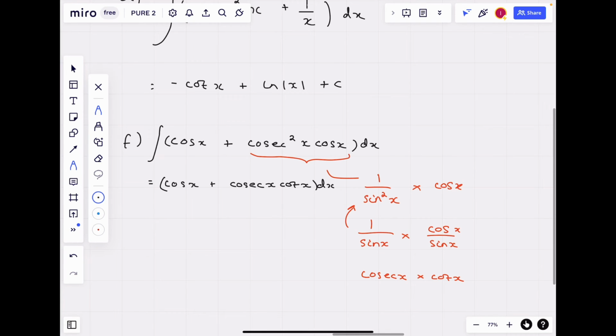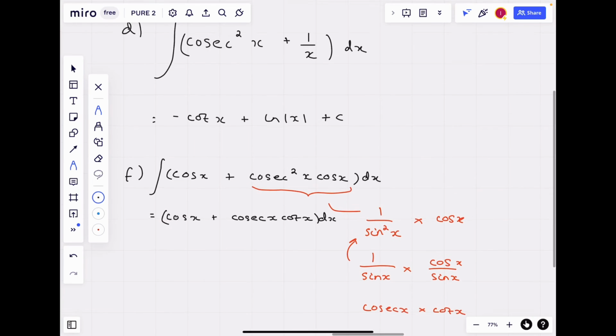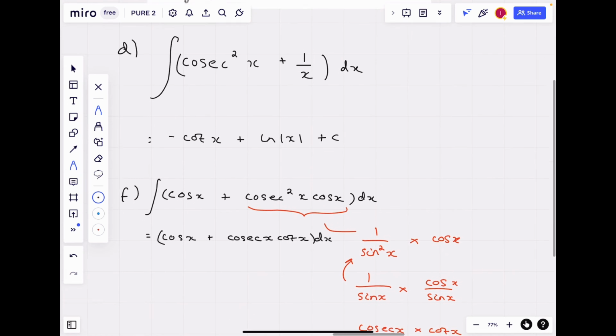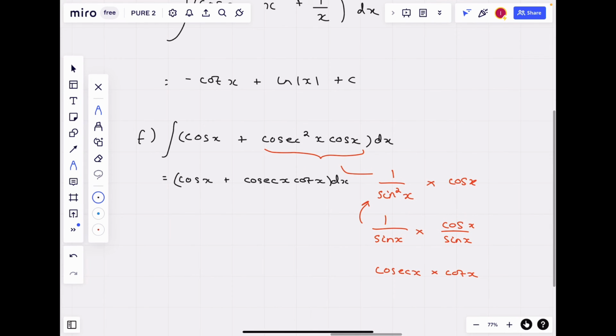Now I have it in terms where I can find the integral, or I can integrate. I don't have a rule for cosec squared cos, nor do I have a rule for 1 plus cosec squared. So by simplifying, or by finding equivalence, I can now put it in a form that I can integrate.